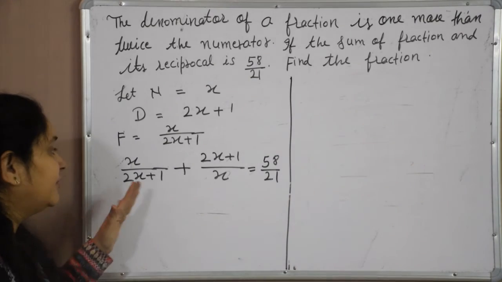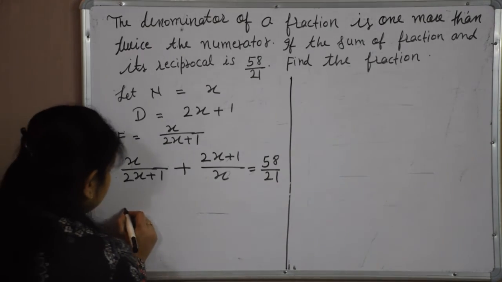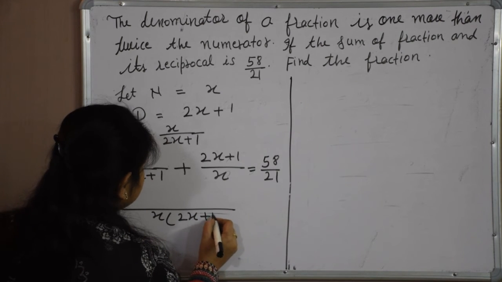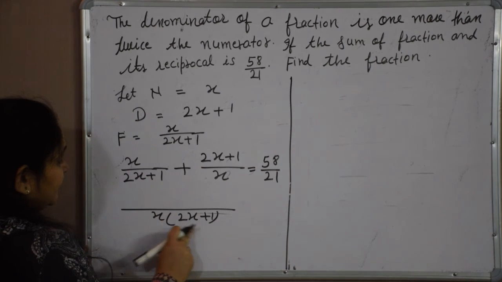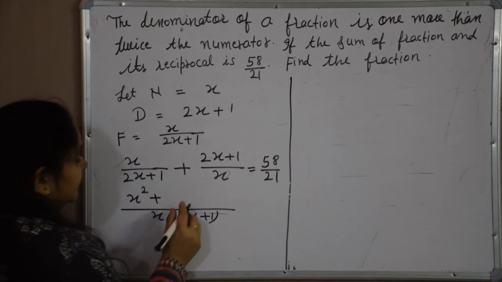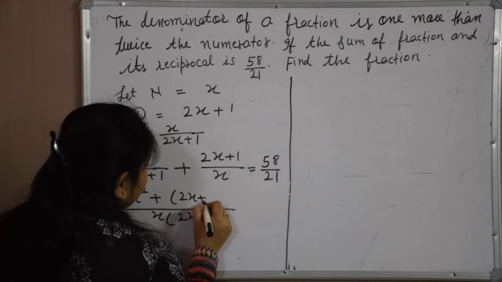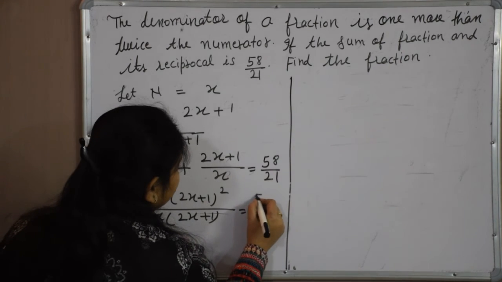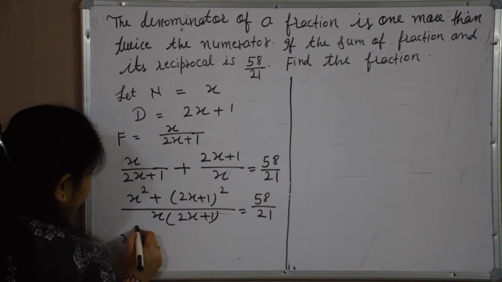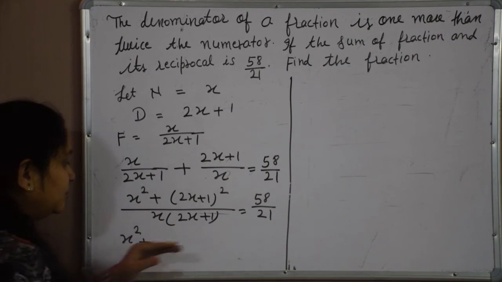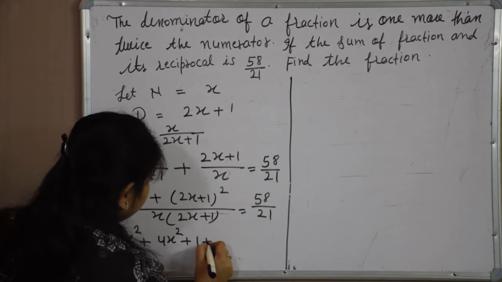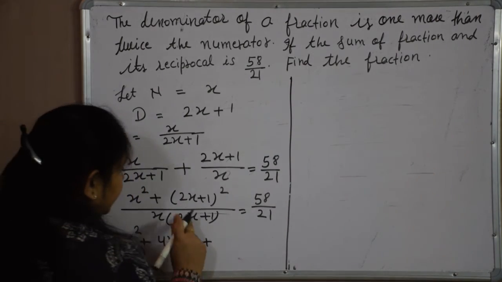So our aim is to find x, and we will solve it by taking the LCM, x times 2x plus 1. By dividing by 2x plus 1 we are getting x, so it becomes x square. Similarly it becomes 2x plus 1 whole square is equal to 58 divided by 21. After opening this bracket, it is (a plus b) whole square, which will become a square plus b square plus 2ab.